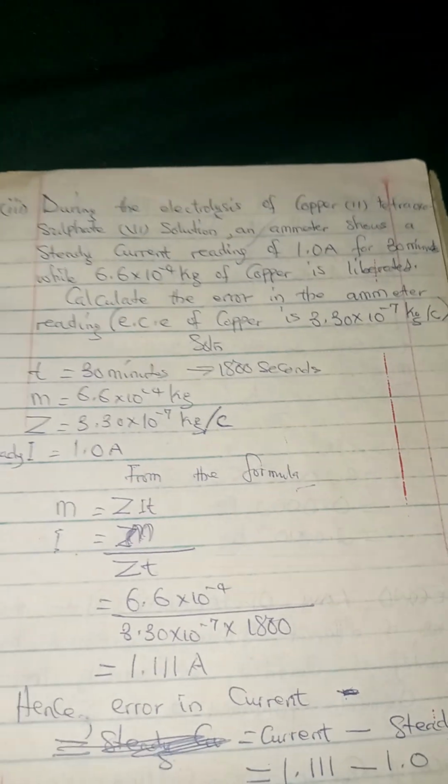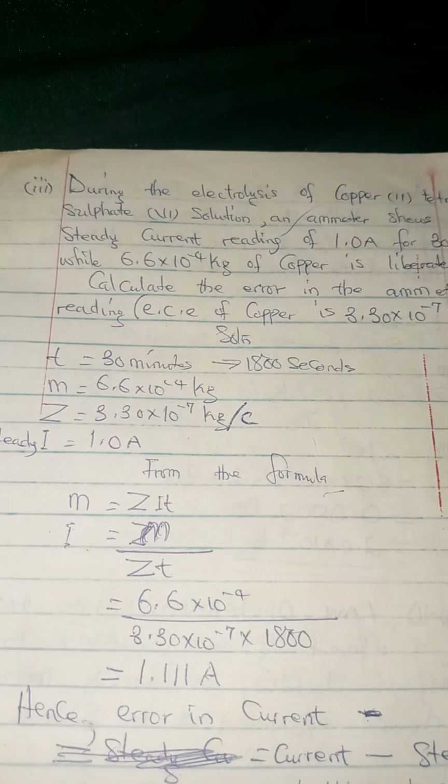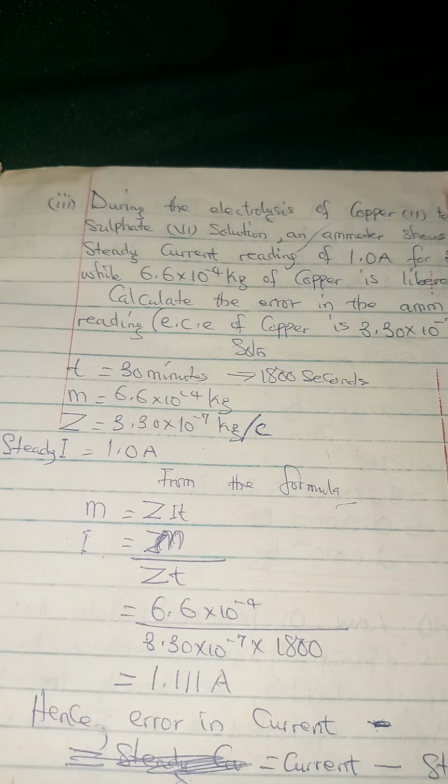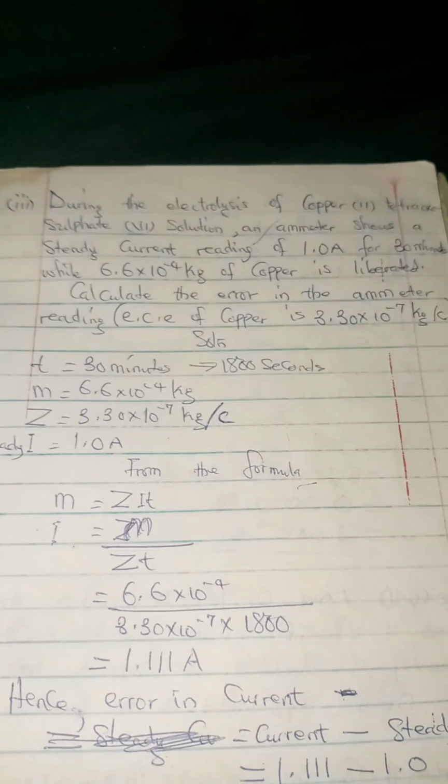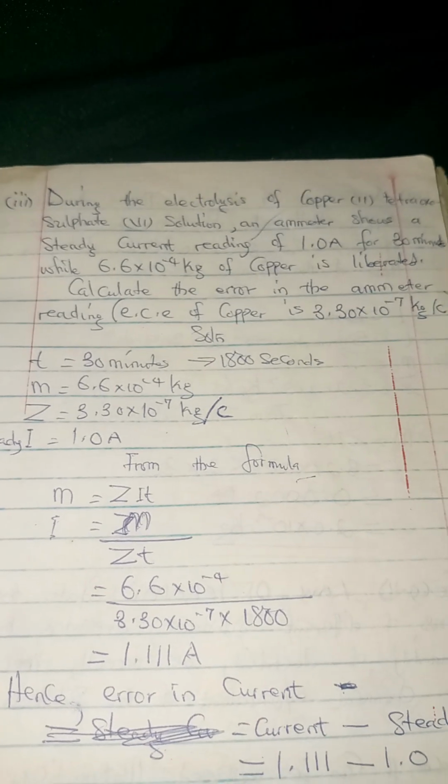I have a library. Let's look at one of the questions in my library here. This question is under electrolysis, and electrolysis can be found both in physics and in chemistry. Let's look at this particular question.